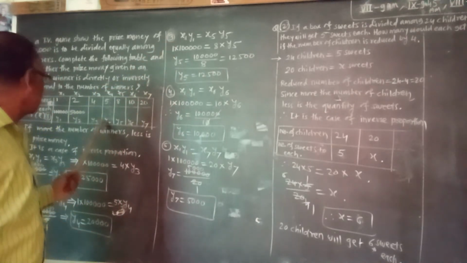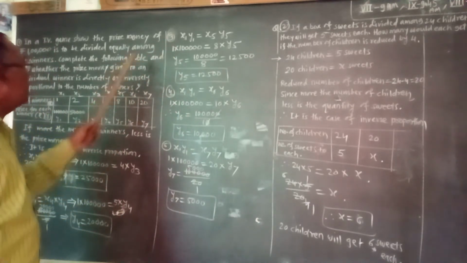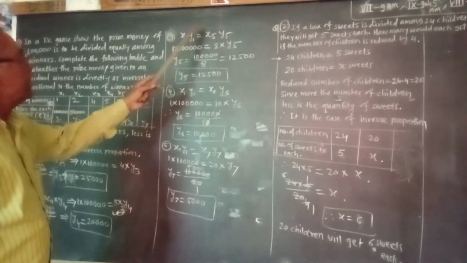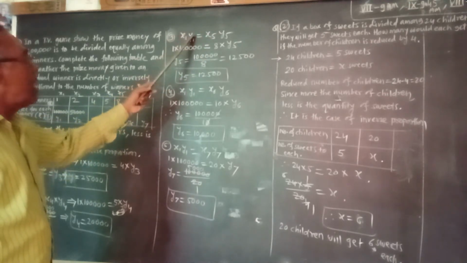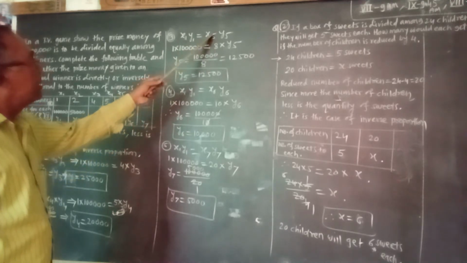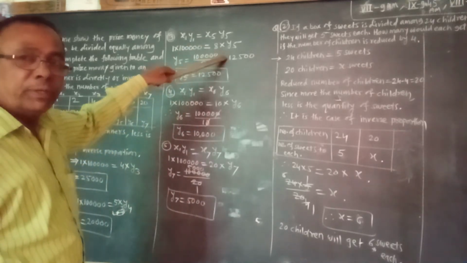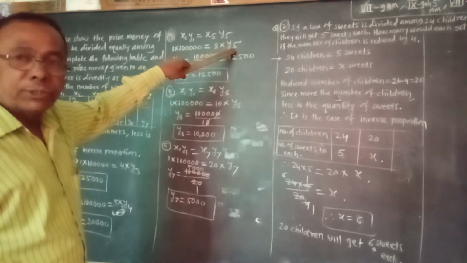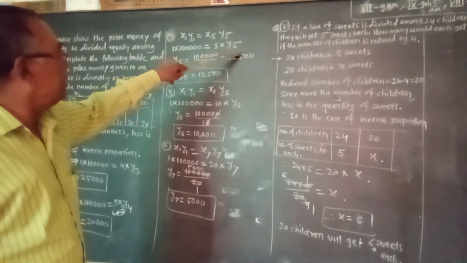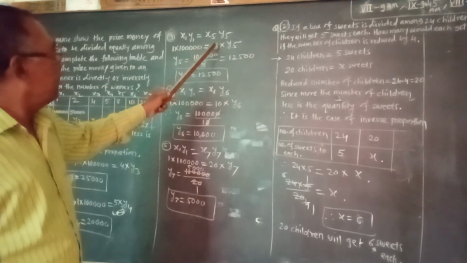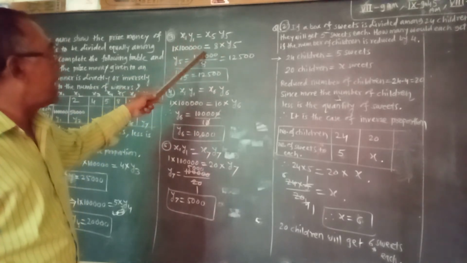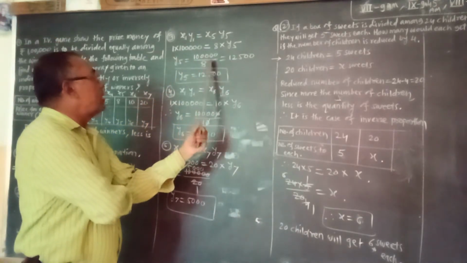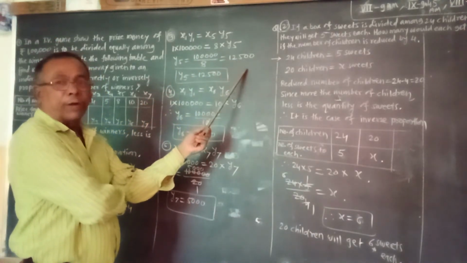Now in the third case, x1 y1 is equal to x5 y5. Again x1 is 1, y1 is 1 lakh. Here x5 is 8, means 8 winners are there, and we have to find the prize of each person. So y5 is equal to 1 lakh upon 8, which gives 12,500.